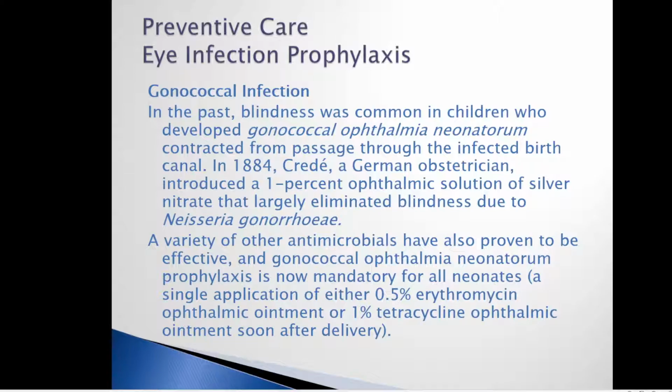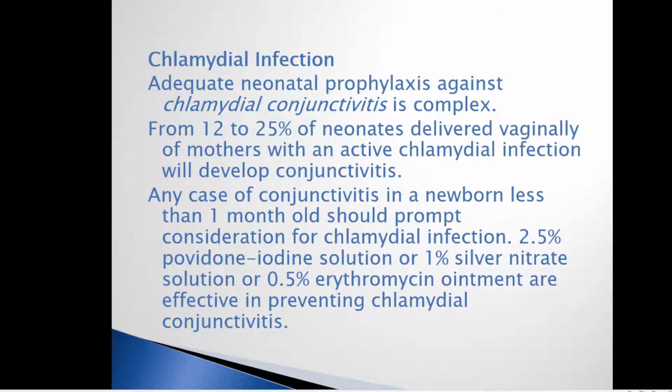Of course, it is necessary to use care to prevent eye infection, for prophylaxis of gonococcal infection. We use it after labor and after delivery, and we use some ointment with antibiotics.